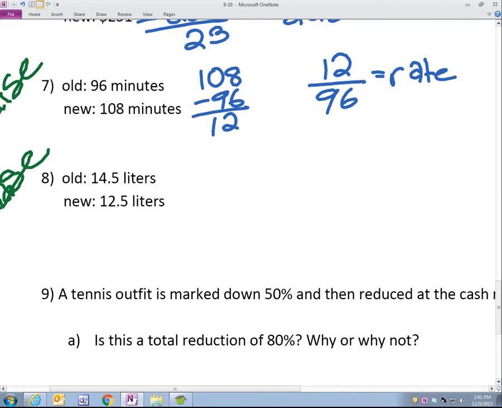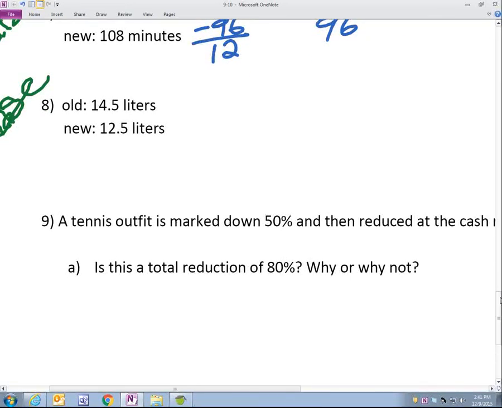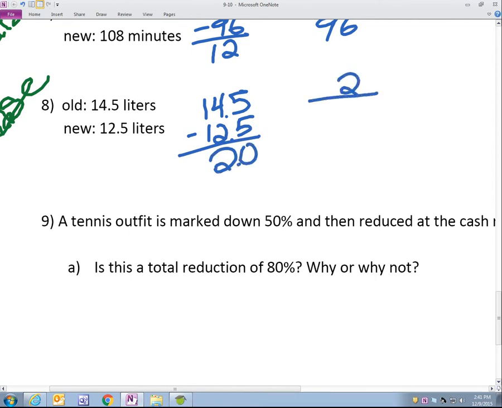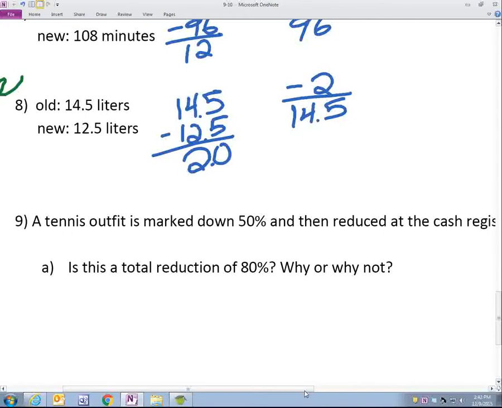The old 14.5 minus the new, which is going to be just 2. 14.5 minus 12.5 is a positive 2. We have 2 over, what's a decrease? 2 over 14.5. Now I'm going to do that division. Okay? Yes, sir?